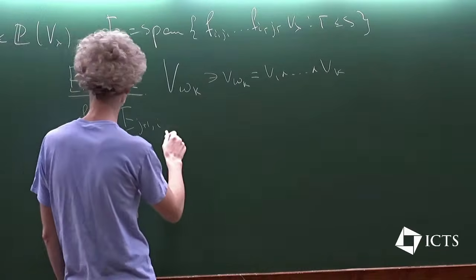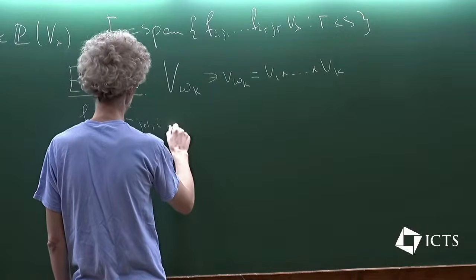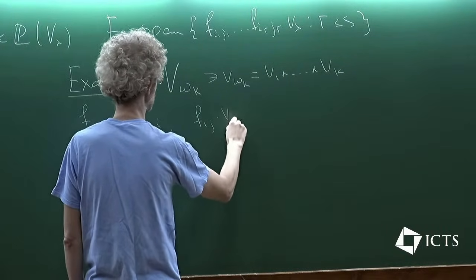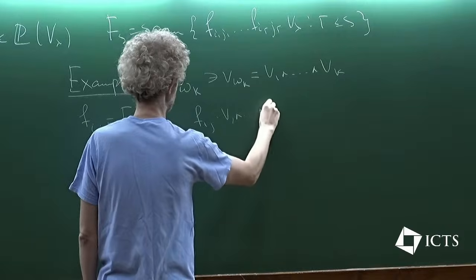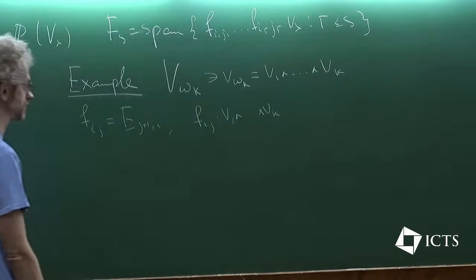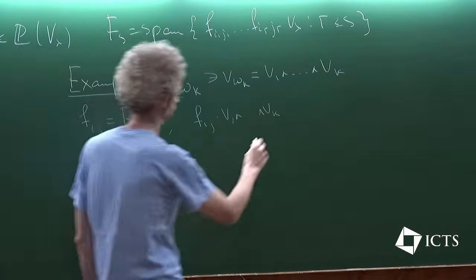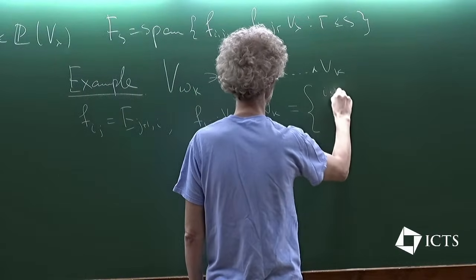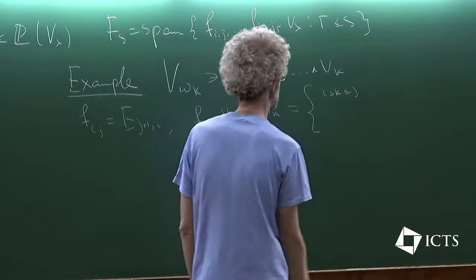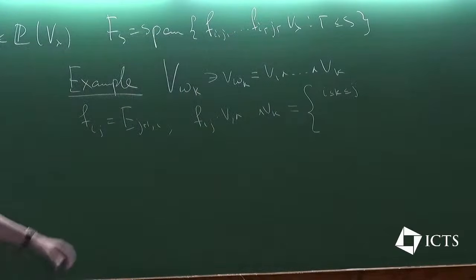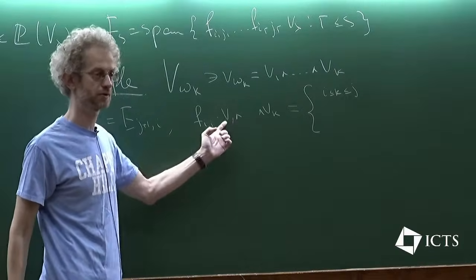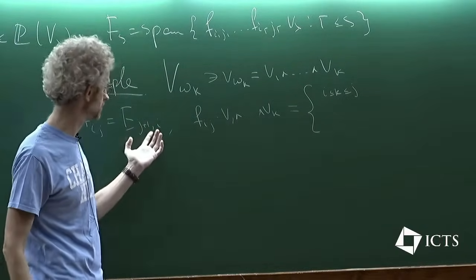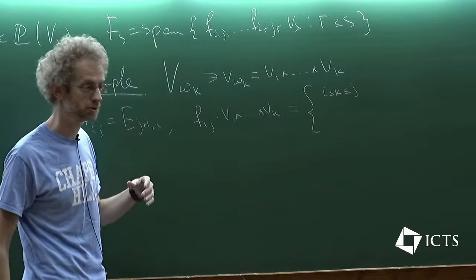Then if we apply this f_ij to v_1 wedge up to v_k, we are getting something new only if i is at most k and j is at least k, because we want to take one of those vectors from 1 to k and move it to one of the vectors from k+1 to n. So it means that j+1 should be from k+1 up to n.